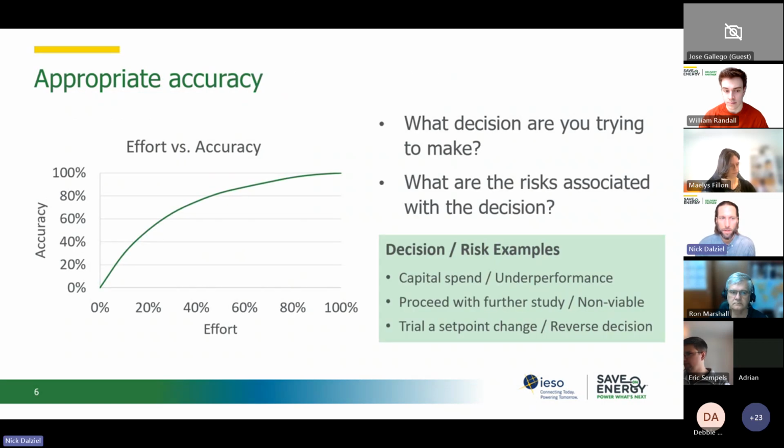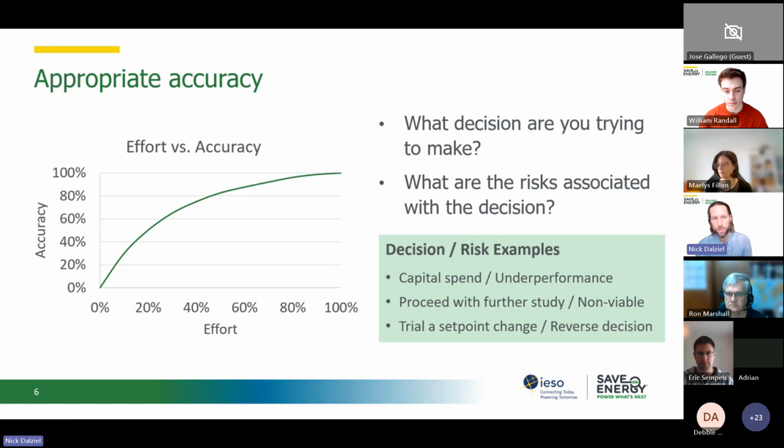So starting with appropriate accuracy, this chart is purely for illustrative purposes. In reality, the curve would be different for each unique situation. I happen to think this curve can be steeper if you make the best use of the data available to you, meaning you can get more than 60% of the way towards perfect accuracy for 20% of the effort as a thumb wag estimate.